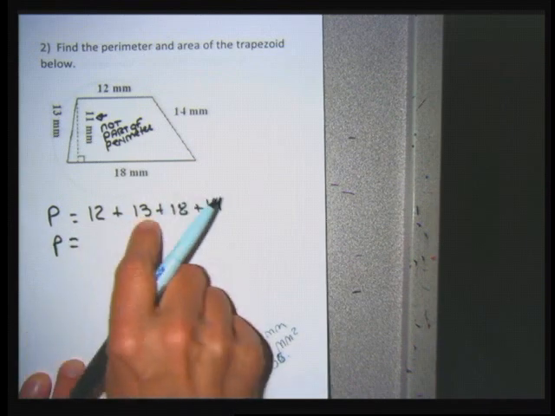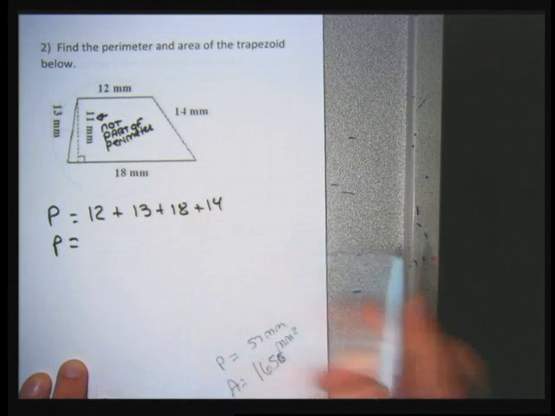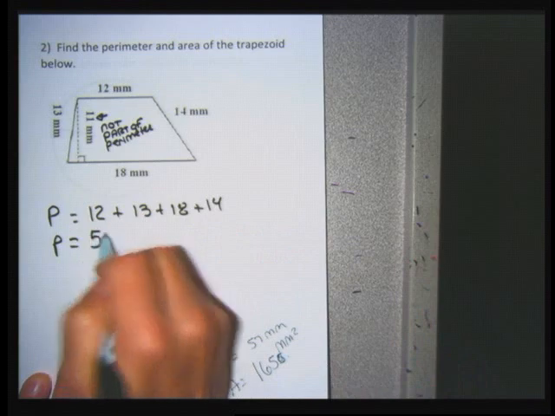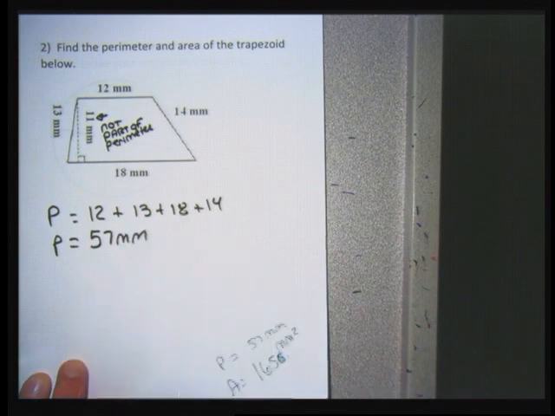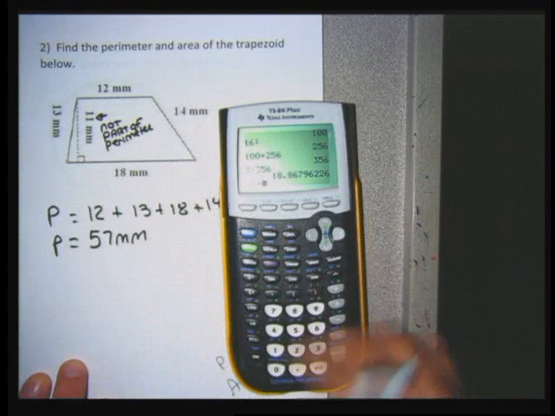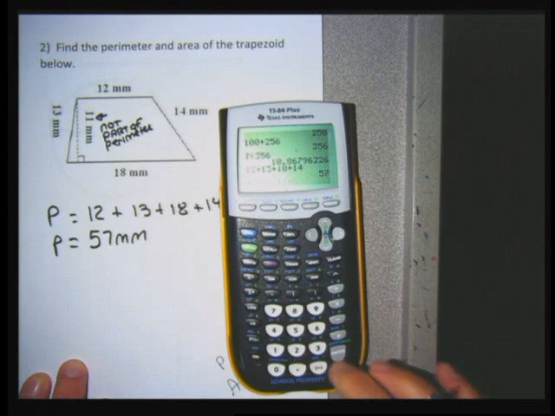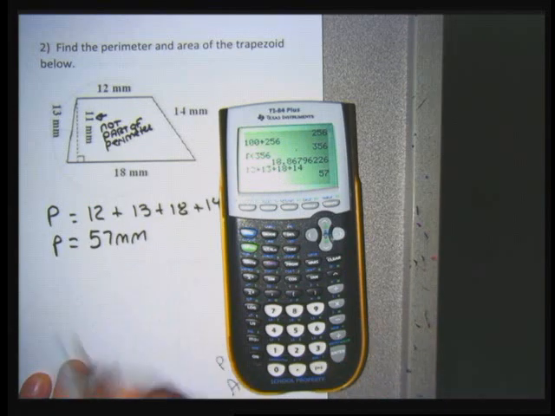That's 12 plus 13 is 25, 35, 43, 53, 57, I think. And you're going to get linear units. Again, I could just use my calculator and go 12 plus 13 plus 18 plus 14 and get the 57. And I put the units on.